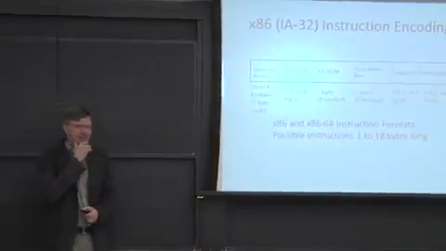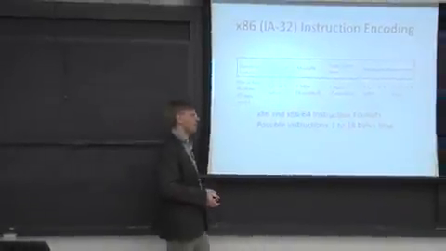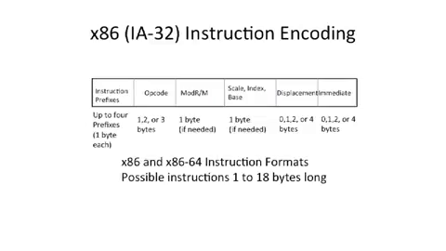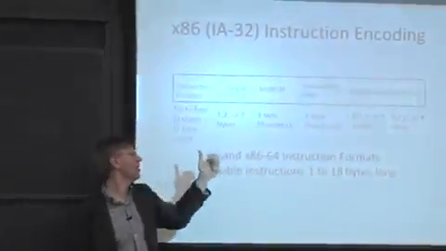So just to show something complex of how you end up with 1 to 18 bytes, here we have x86's instruction set, and fundamentally you need an opcode, a byte's worth of opcode. But some instructions might have between 1 and 3 bytes here.